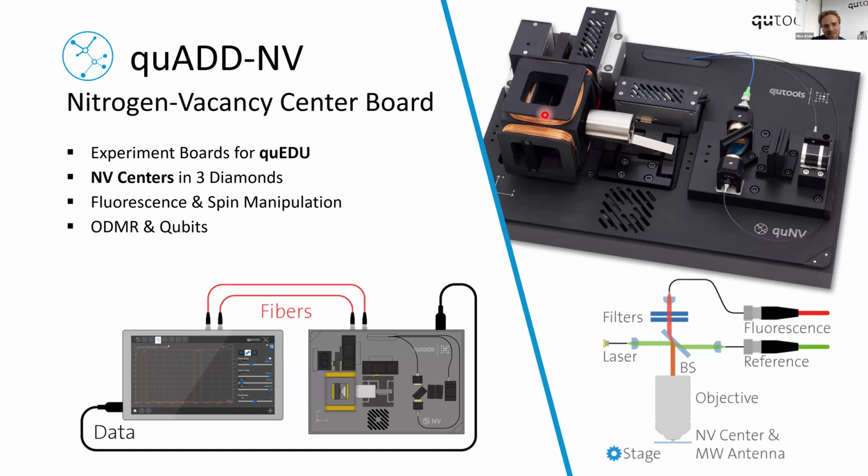And basically the fluorescent light will be collected by the objective again, will pass through the dichroic mirror, through some filters, and be coupled into a multimode fiber here at the end as well. And this fiber will then lead to the control unit again in order for the signal to be detected.